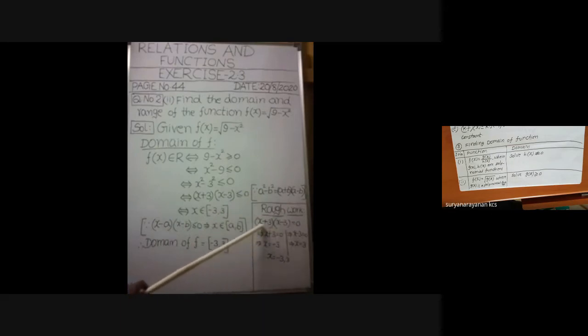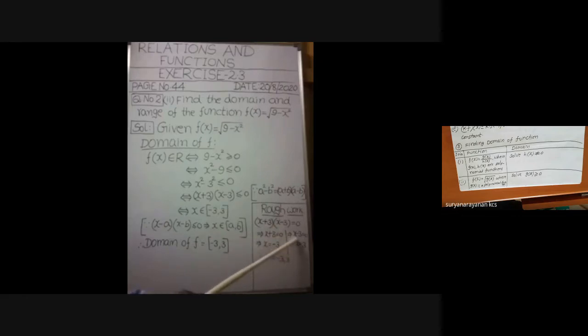Right. So x plus 3 into x minus 3 is equal to 0 implies x plus 3 is equal to 0 or x minus 3 is equal to 0. You know how to find the values of x from a quadratic equation. We are following the same steps here. This implies x is equal to minus 3, since plus 3 becomes minus 3.